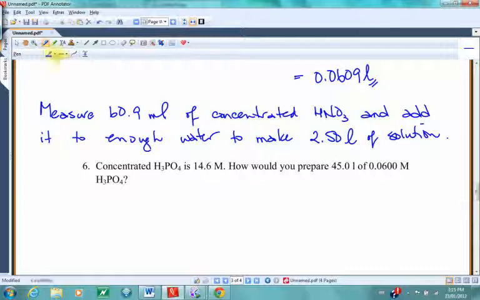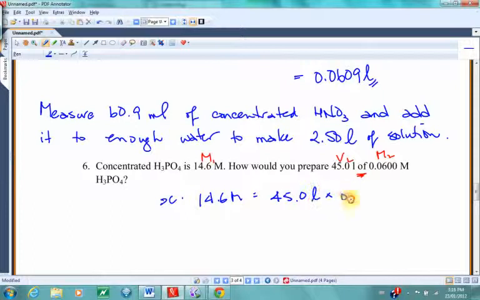M1, V2, M2. The "of" means they have the same numbers. So X times 14.6 molar equals 45.0 liters times 0.060 molar.